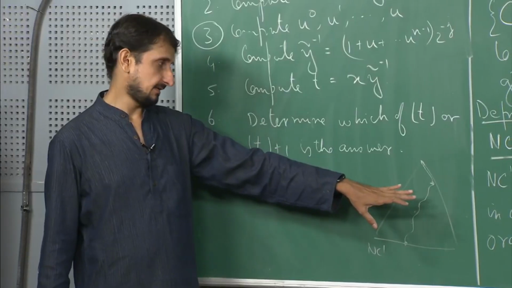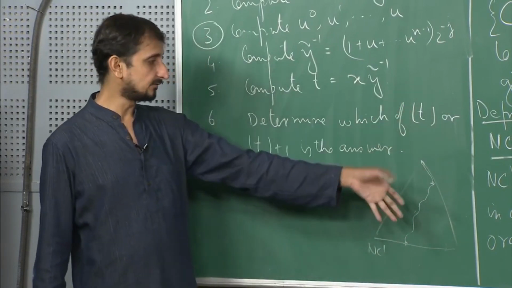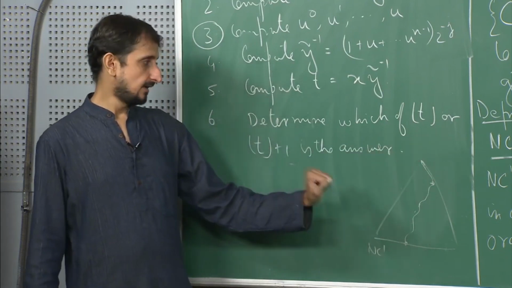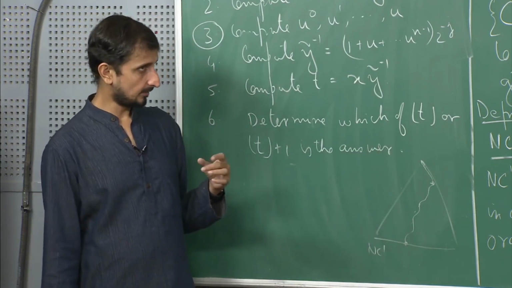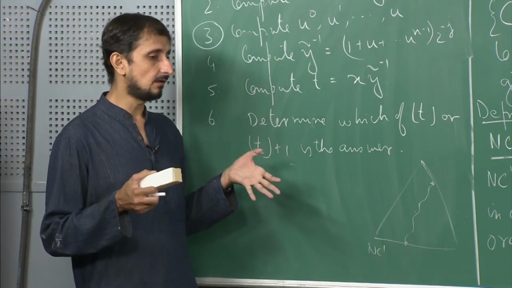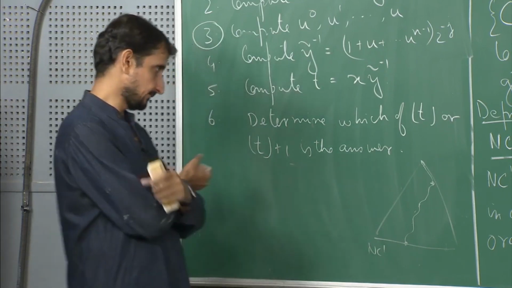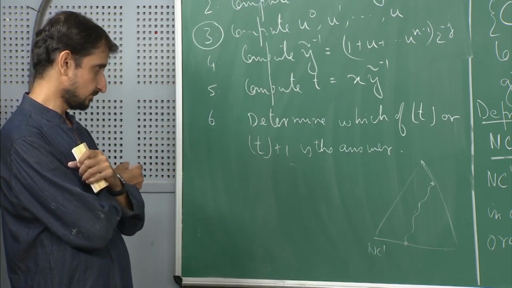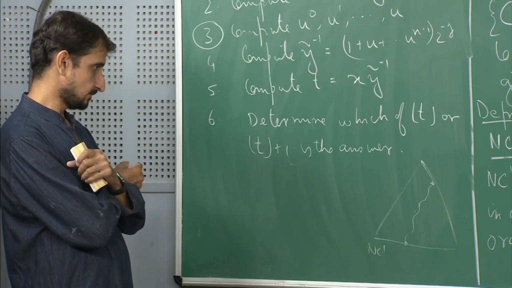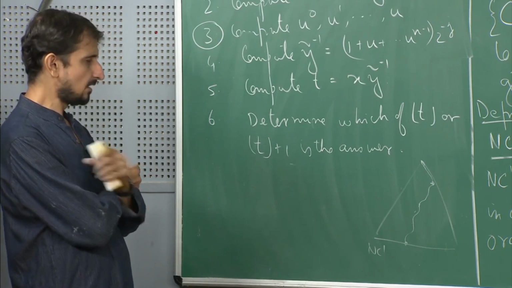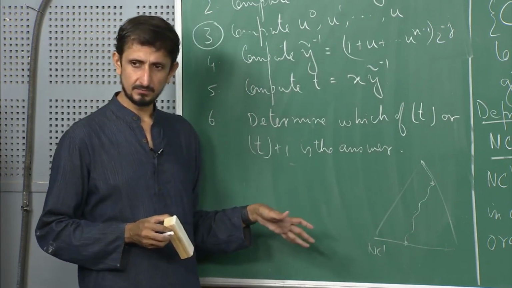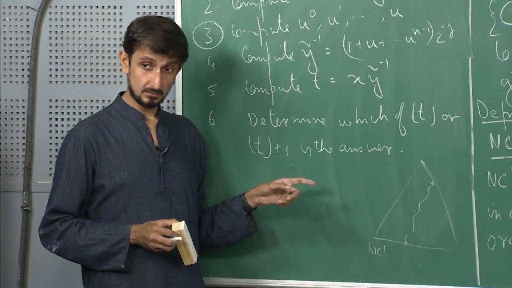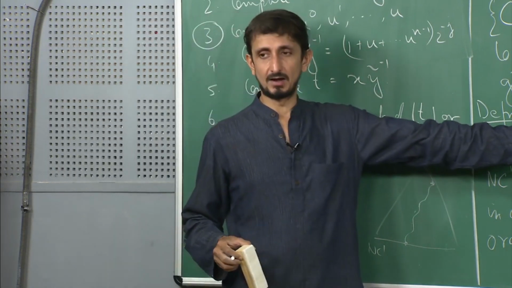Now the point is that the total length of this path is bounded by log n, so we can assume there are log n many oracle gates. So each G gate is NC1.